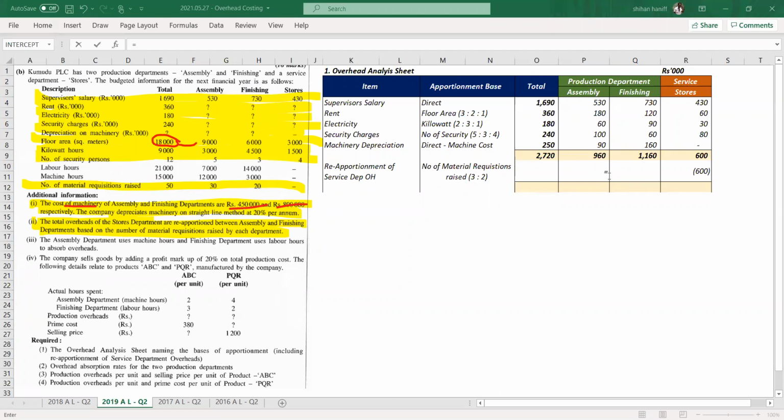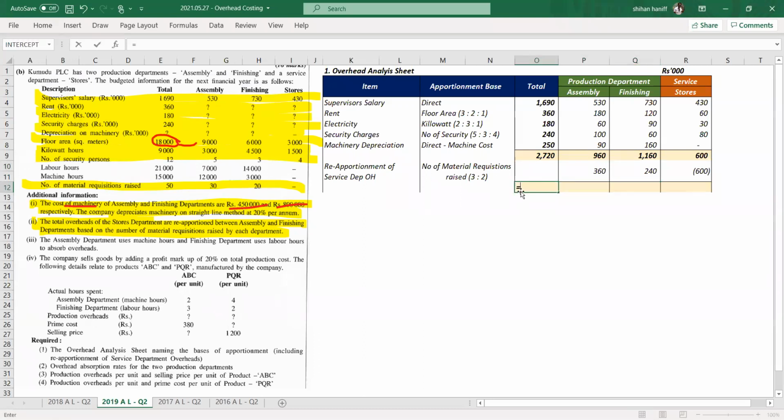600 divided by 5 into 3, 360. 5 into 2, 240.